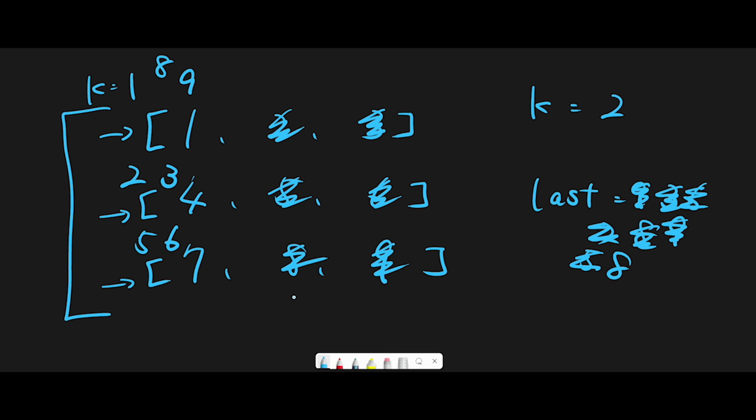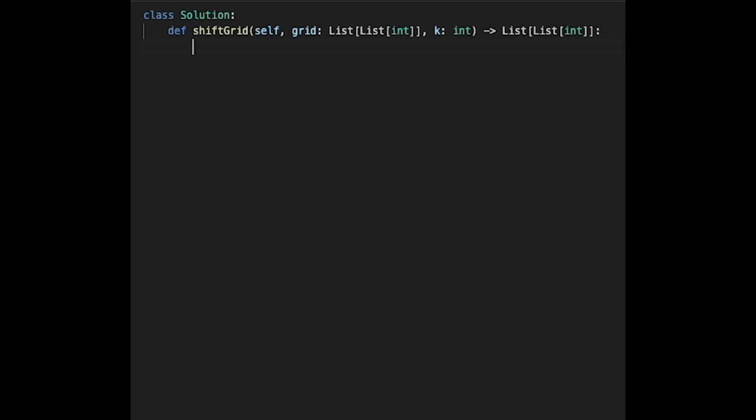So let's jump into the code. Okay, let's write the code. First of all, for underscore in range k. So we iterate through k times. First of all, we keep the last number. So the first last number should be 9, right? So grid[-1][-1].